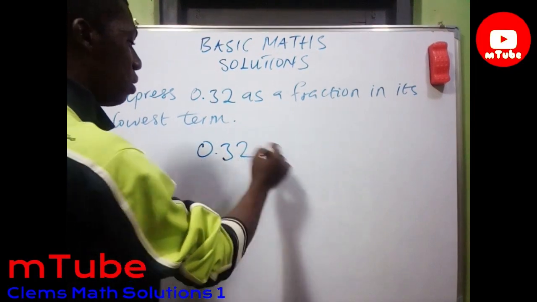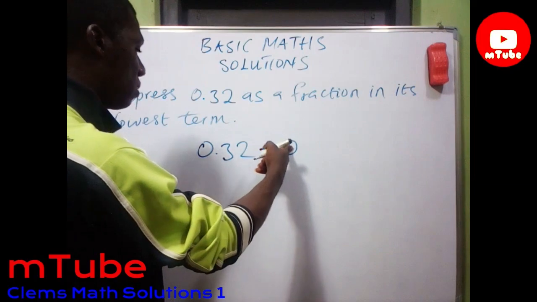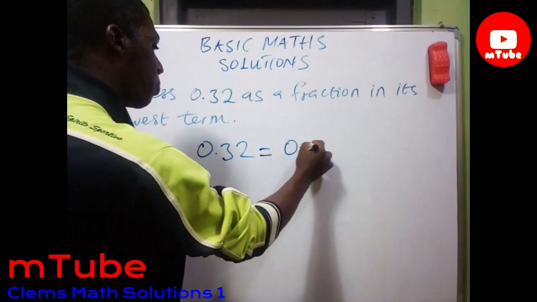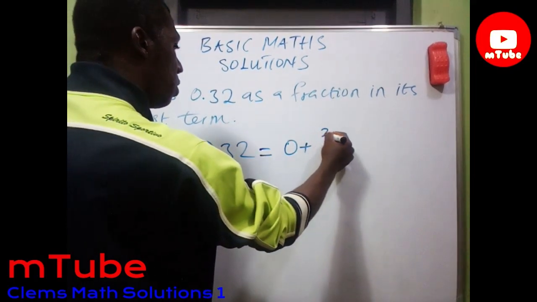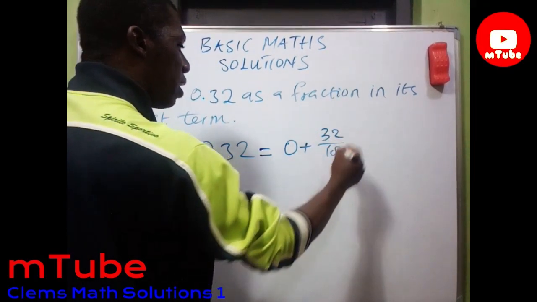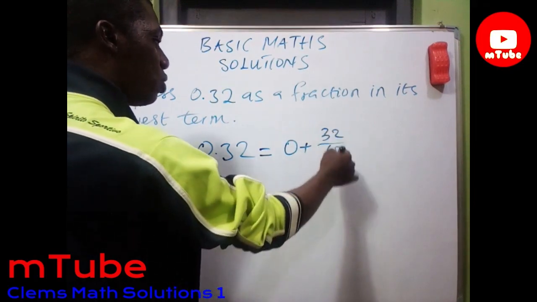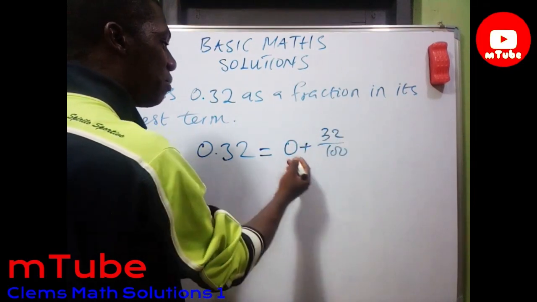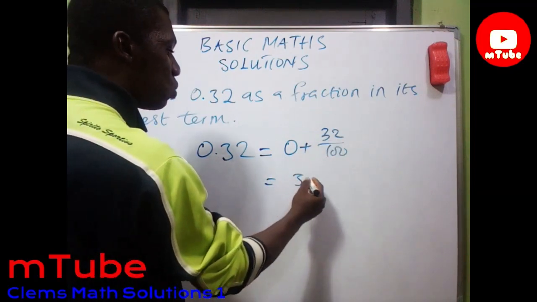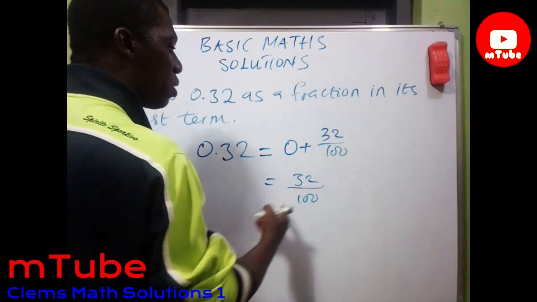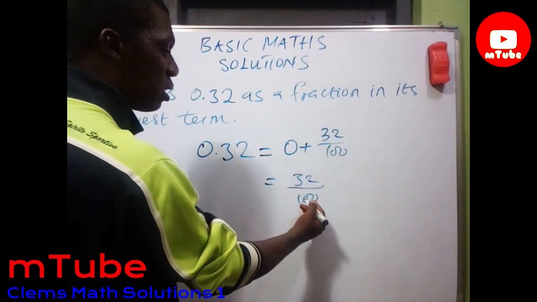Since this is a combination, you write your whole number, which in this case is 0, plus 32 over 100. Then you add them. 0 plus 32 over 100 will remain 32 over 100. 0 plus anything will still remain the same.